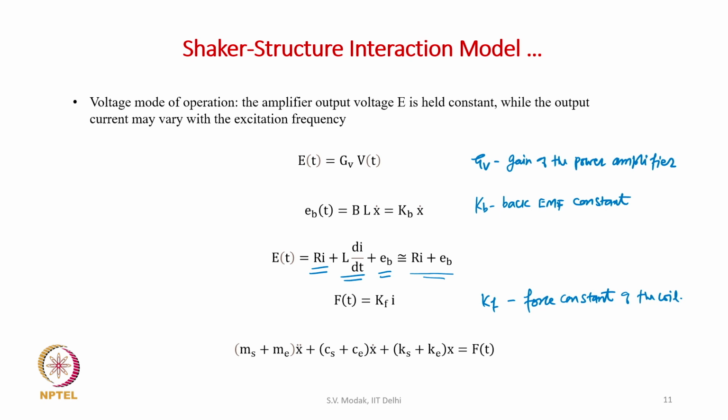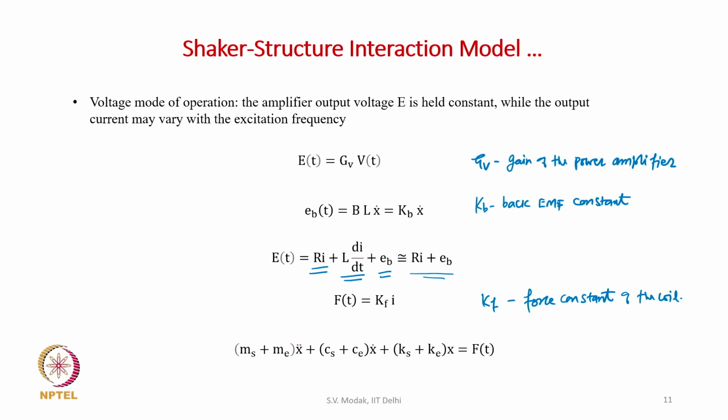And what are the forces which resist this motion? They are the damping forces Cs plus Ce into x dot and Ks plus Ke into x. So basically the damping and the stiffness characteristics of the shaker and the structure system act in parallel in this model. So this is the result of the application of Newton's law.